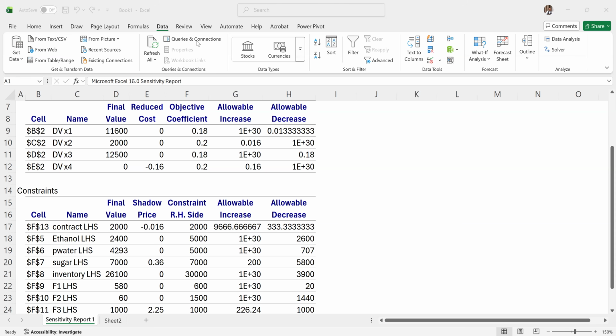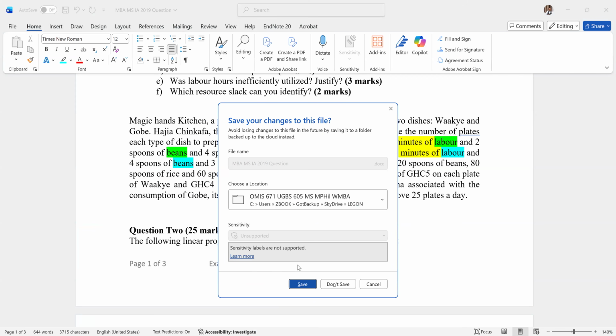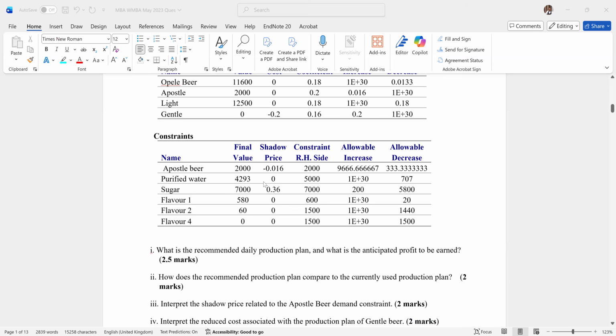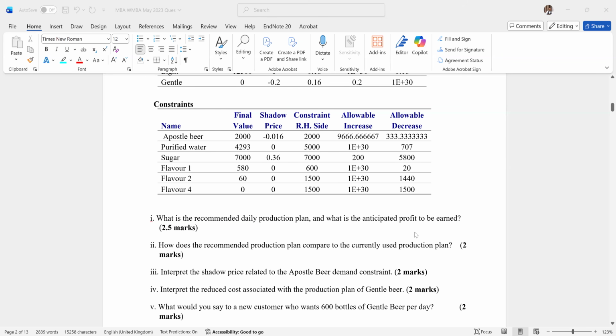For example, let's go to the question. One of the questions says, what is a recommended daily production plan and what is the anticipated profit?